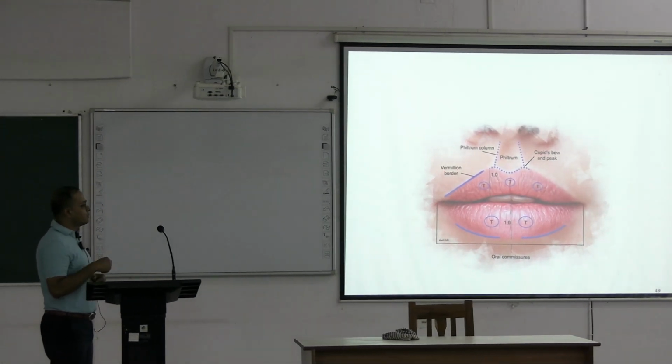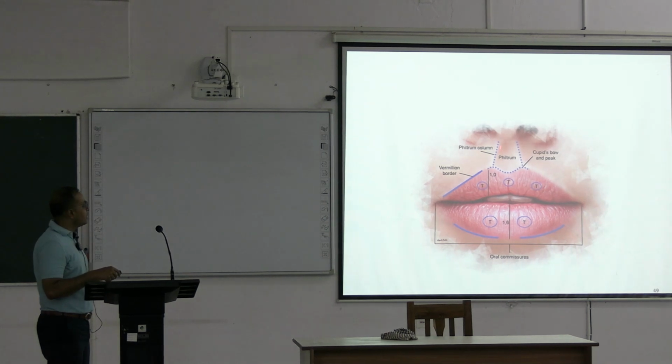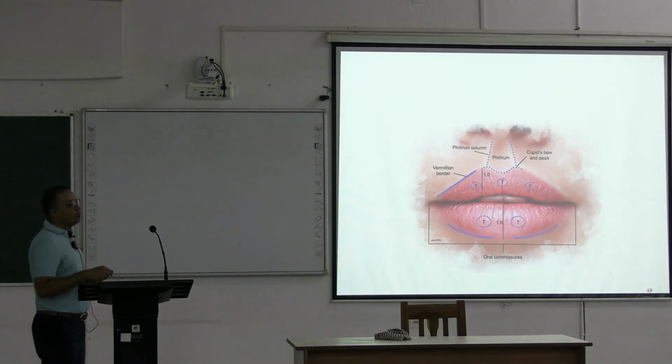Looking at the anatomy of the lip, the midline portion of the upper lip we call the philtrum, and the sides we call the vermilion borders, or the bodies of the lip: the right side vermilion border and the left side vermilion border. The lower lip also has vermilion borders, right and left, united together with intervening tissue in between.